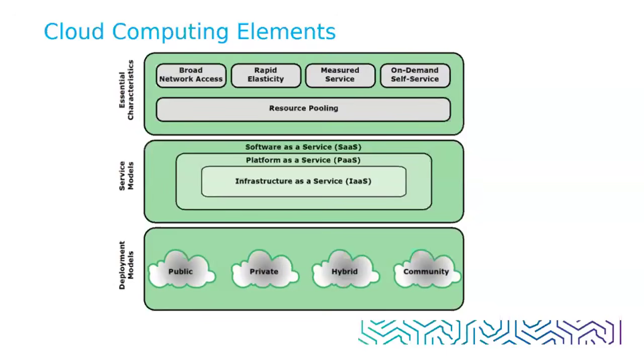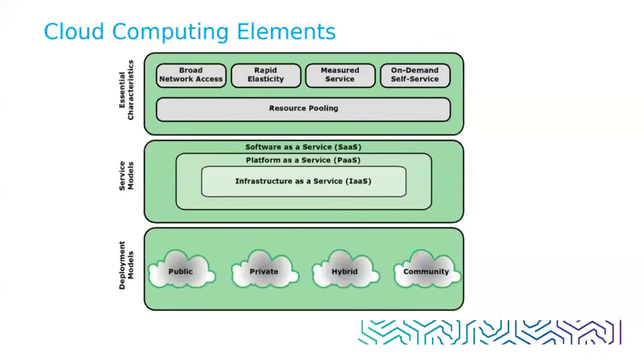And then the last characteristic is resource pooling. So here you can see the cloud providers maintain a large pool of physical computing resources. These shared resources are allocated to multiple customers according to the demand.